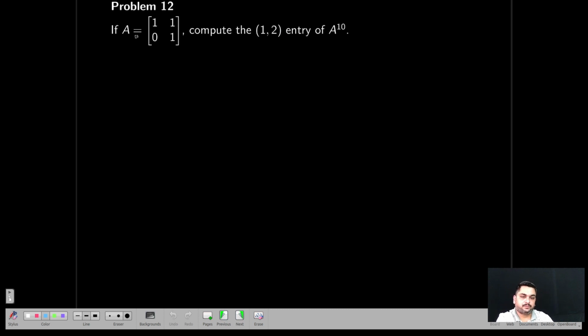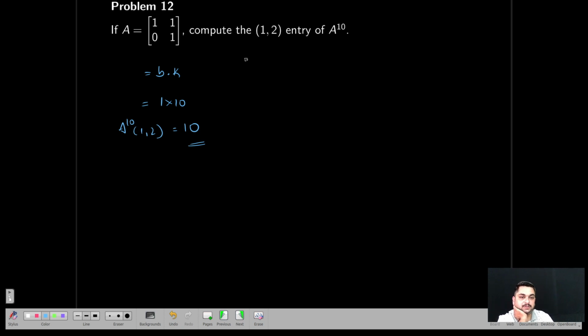Next, if A equal to 1 1 0 1, compute the 1 2 entry of A power 10. So already I have given you this. If it is in this form 1 b 0 1, and I take it to the power 10, here 10 means k. So that is 1 into 10. So the 1 comma 2 entry will be 10.